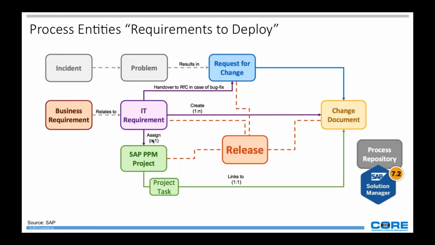But those tools probably were not built for collecting requirements, right? They didn't have a workflow for requirements. So SAP understood the need: first, how do we collect requirements, and those requirements eventually turn into a change document, and that change document eventually gets deployed into my production.